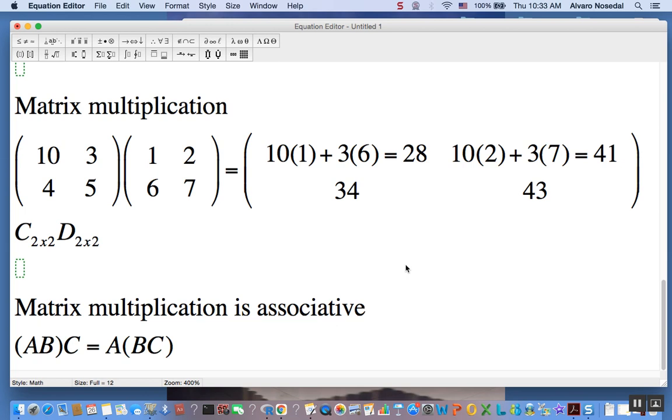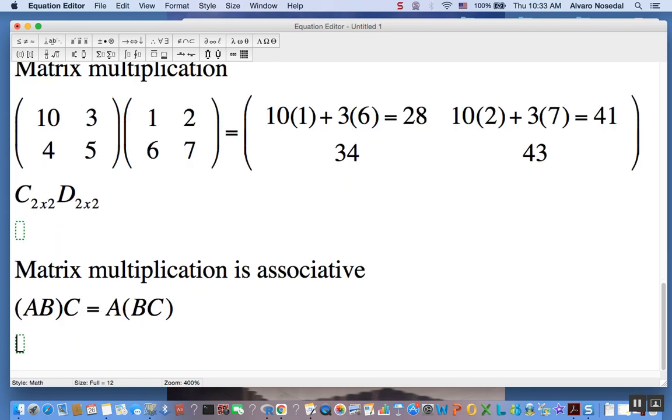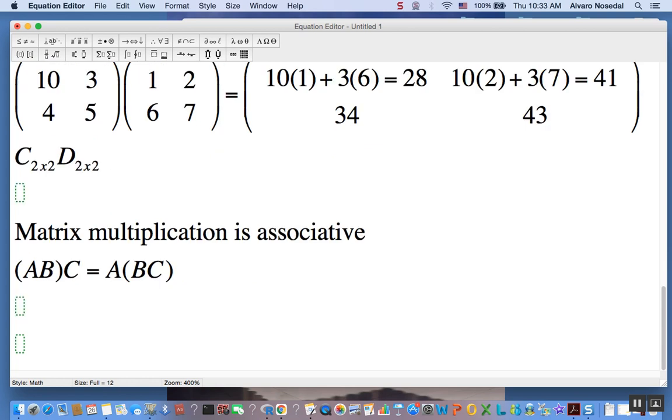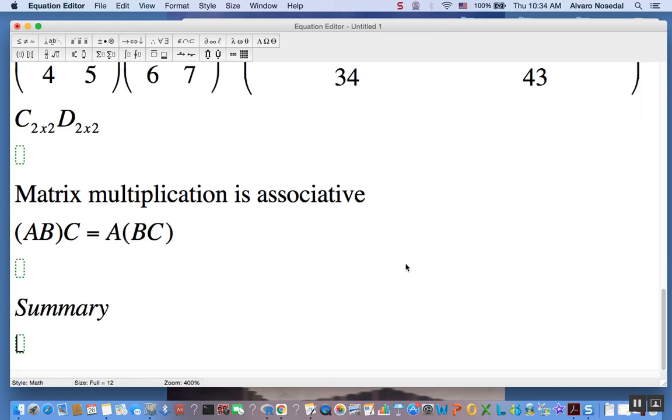Well, I think this is a good stopping point. So let's summarize what we did. We talked about matrix addition and matrix multiplication. Matrix addition is easy. To find the sum of two matrices, just add the corresponding elements. Easy.